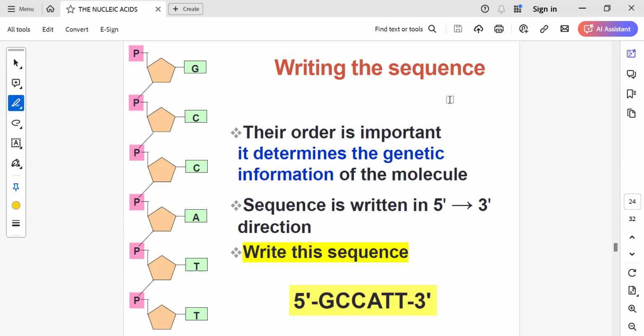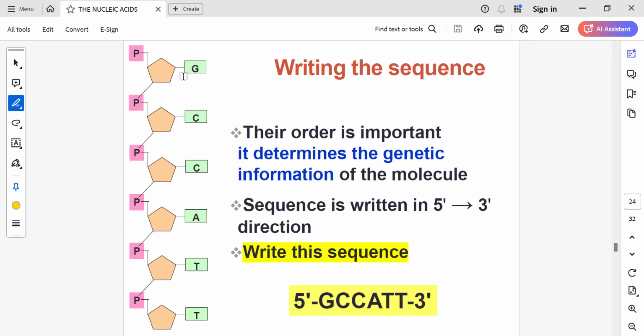So how do we write the sequence? The order is important. It determines the genetic information of the molecules. The sequence is usually written in the 5' to 3' direction. If you have polynucleotides, you write the sequence in the 5' to 3' direction. You see, this is the 5' and this is the 5'.